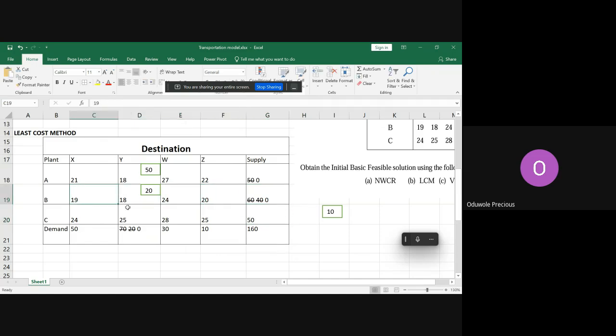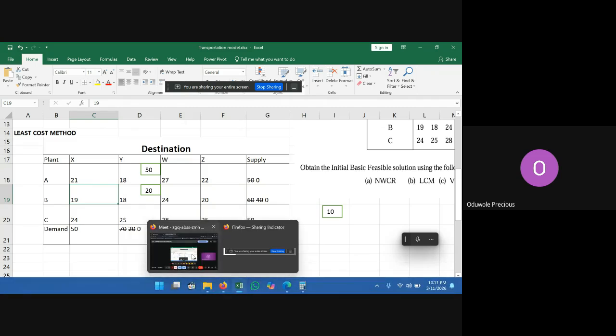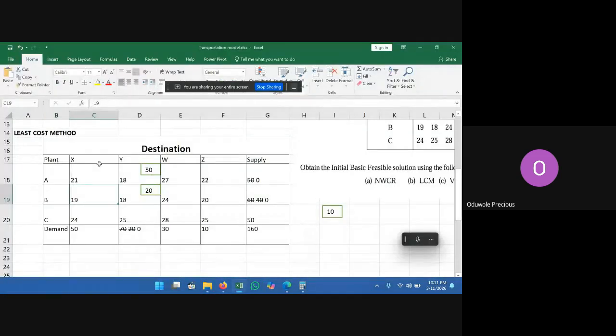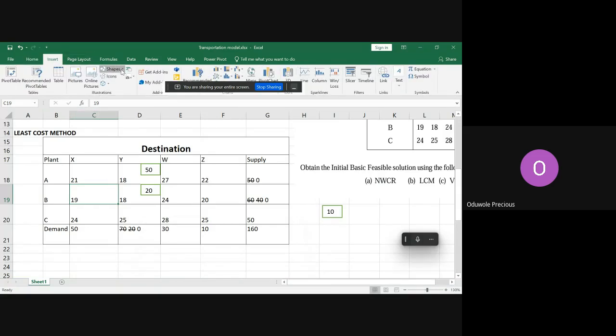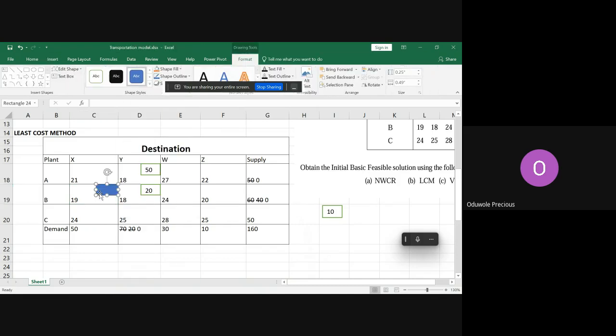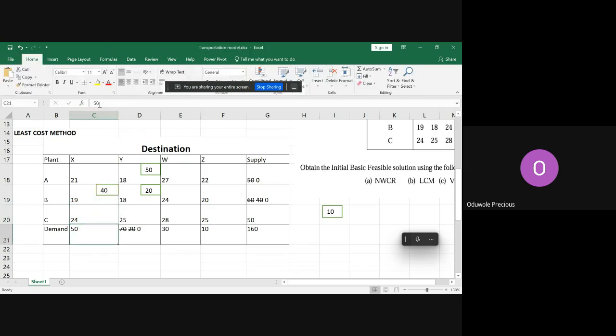So bring the 40 here. Bring the 40 there. We come here. It's giving you 40 out of 50. So it will mean 10, right? Okay.